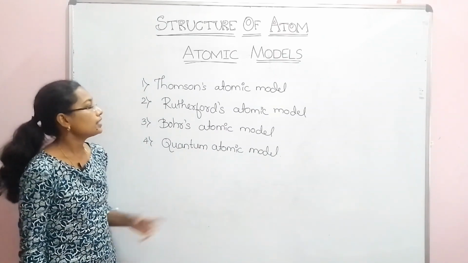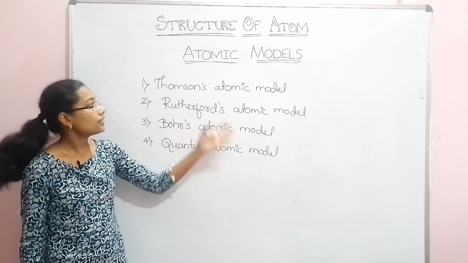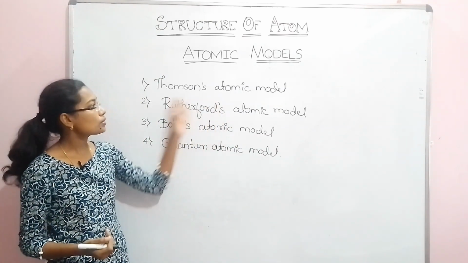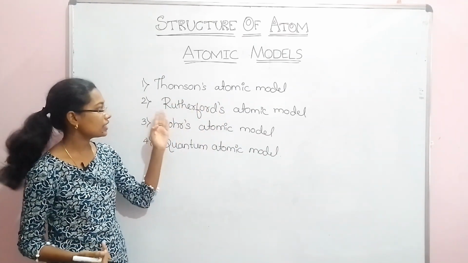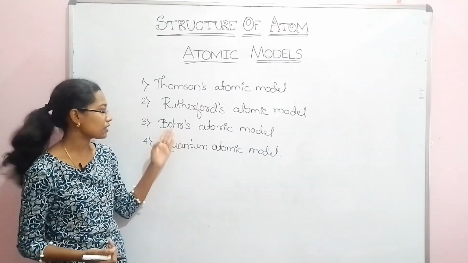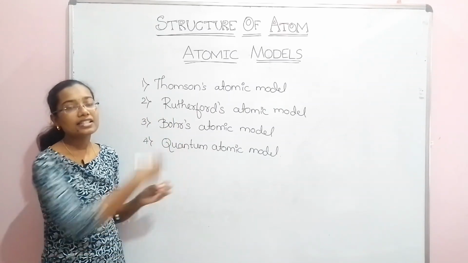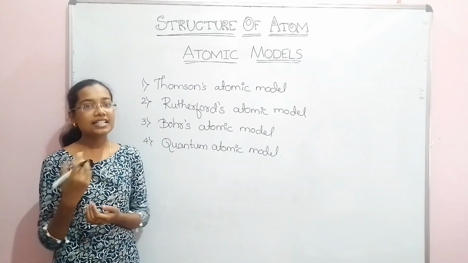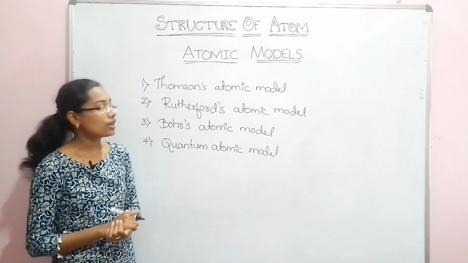These different atomic models were given by different scientists. Thomson's model was given by Thomson, this one by Rutherford, and this one by Bohr. These scientists started doing discoveries and giving their own models.